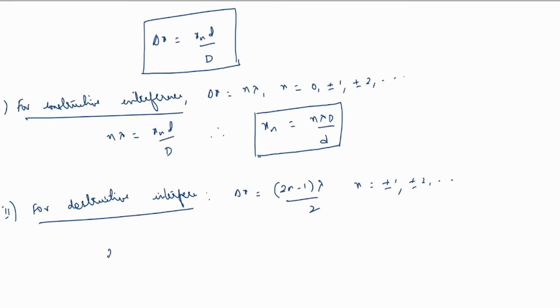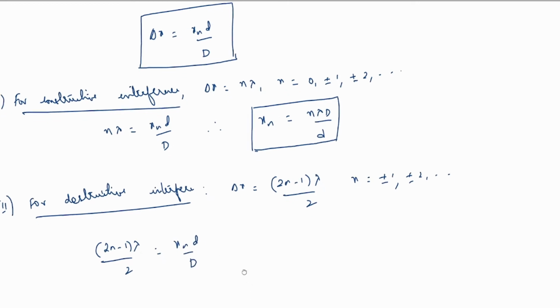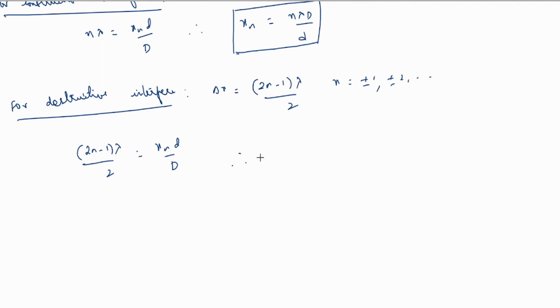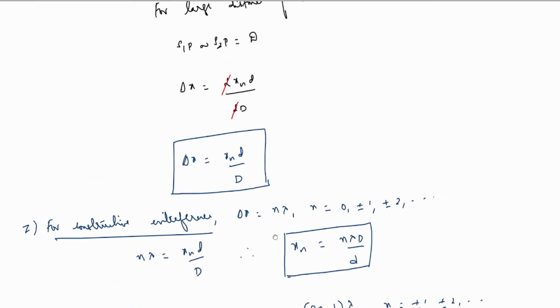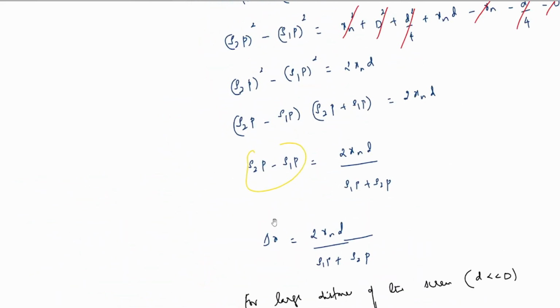From here, 2n minus 1 lambda by 2 is equal to xn d by capital D. Therefore, xn is equal to 2n minus 1 lambda capital D by 2d. This is the expression for a dark band.